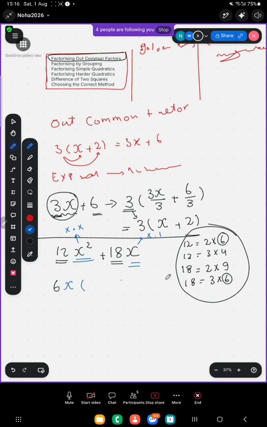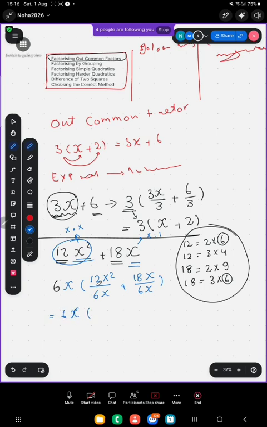Now, how can I write here the terms? You will take 12x squared, and as you are making division over the common factor, which is 6x, and here is 18x over 6x. This step is not very important. You can make it in your head. It's okay, I just want to make it in details to make you understand.